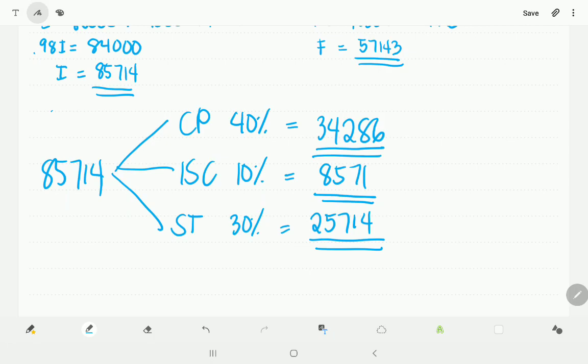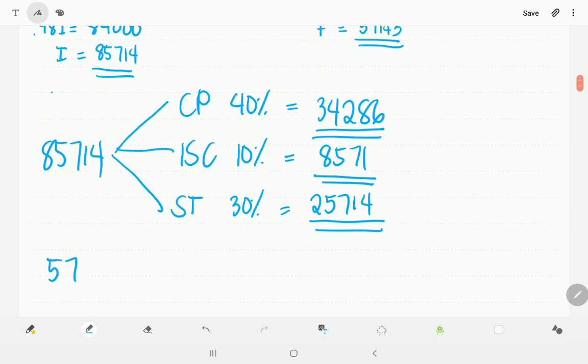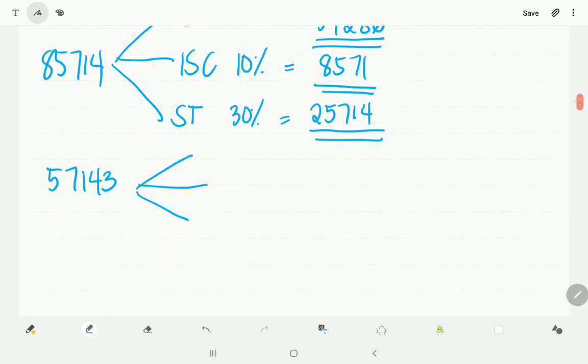Now, let us allocate the cost of the Facilities Department to the other departments. We have 57,143, which we allocate to three departments: Computer Programming, Information Systems Consulting, and Software Training. The Facilities Department provided 40% of its services to the Computer Programming Department, and 25% each to the remaining two production departments.